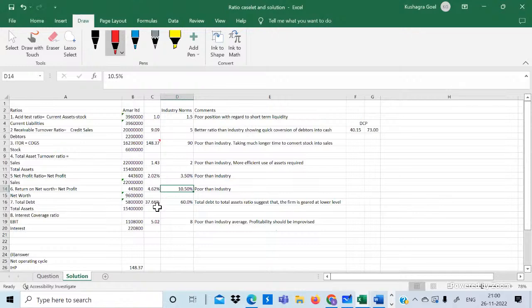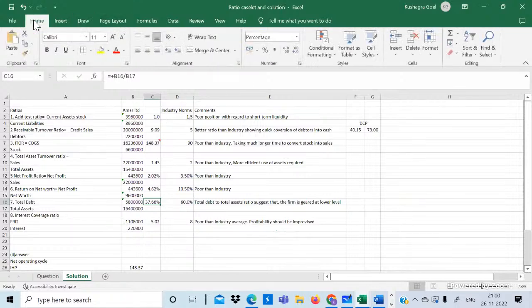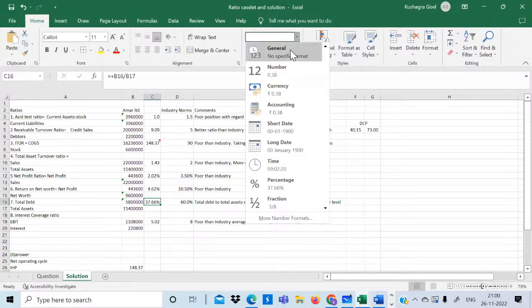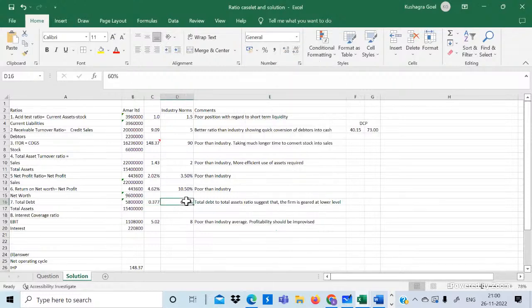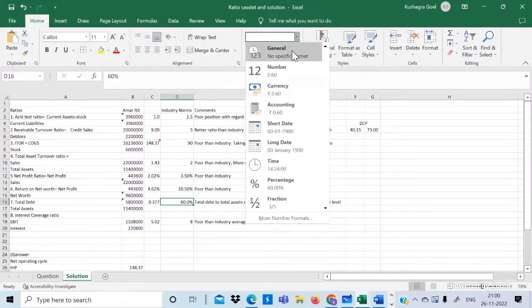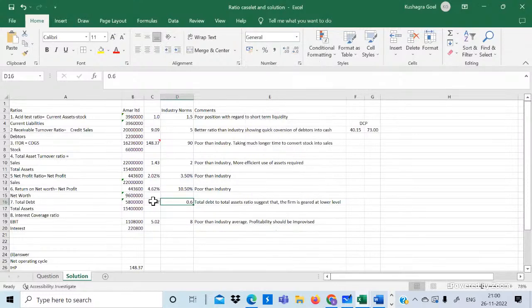The answer over here is 37.66%. This should technically not be in percentage. It should be a normal number, 0.37, 0.38, whatever.